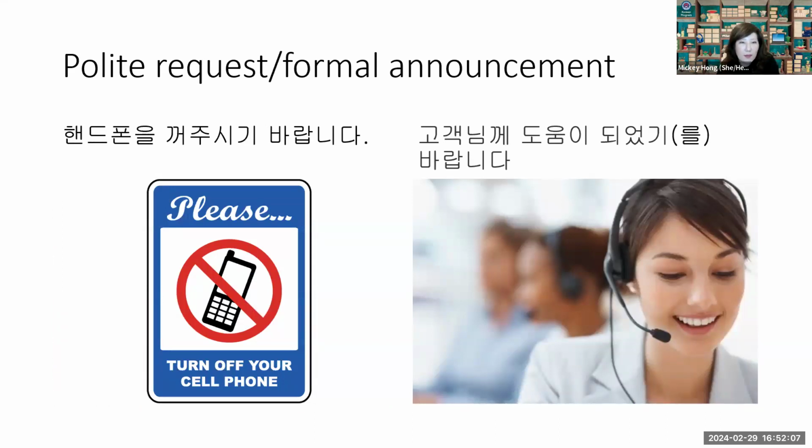핸드폰을 꺼주시기 바랍니다. Formal announcement to say, we hope that, it's our wish that you would turn off your cell phone, okay? Ultra polite way of saying, please turn off your cell phone. That's what we wish for. 고객님께 도움이 되었기를 바랍니다.